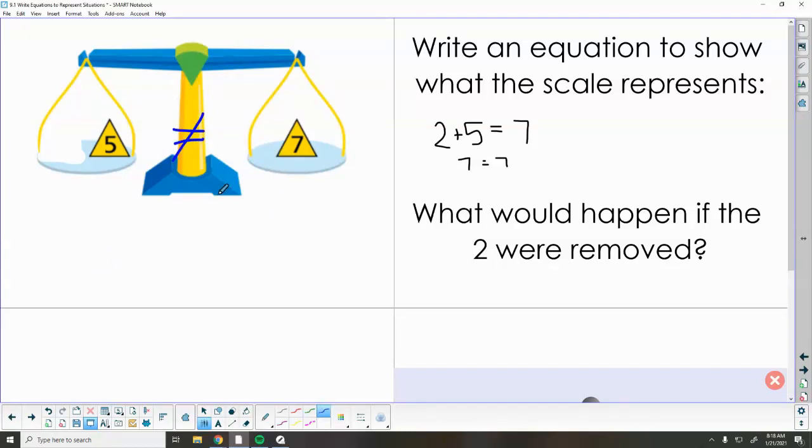Which side is heavier? The 7 is heavier, so the 7 is actually going to tip down more than the 5. The 5 will go up because it weighs less. The 7 will go down. So if the 2 were taken away, we would no longer have a balanced equation. Our equation would not be true if we took something away.